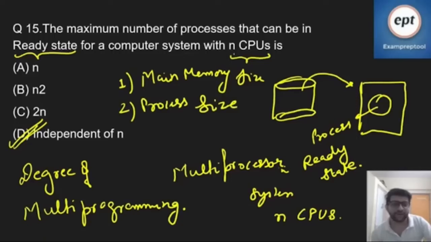And it does not depend on the number of CPUs in the system. So that is why it is independent of n, and the answer will be D. So just remember what the degree of multi-programming is and what factors it depends on. The takeaways from this question are these 2 points, right?